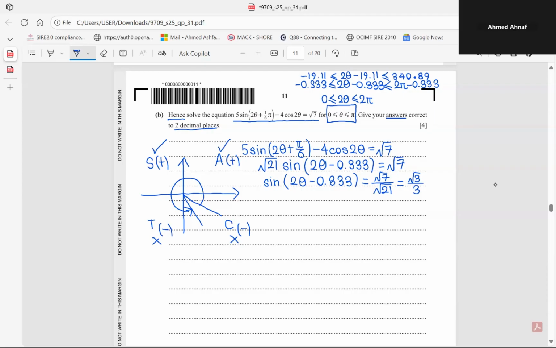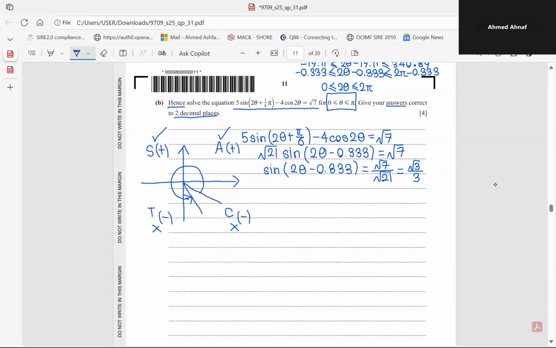All right, let's find the answer for the first range. So 2θ − 0.333 in the first quadrant would be sine inverse of √3 over 3, which would give us a very nice answer.